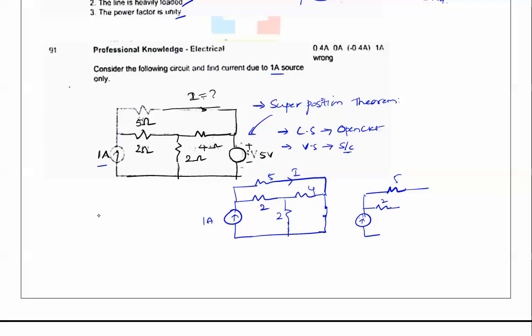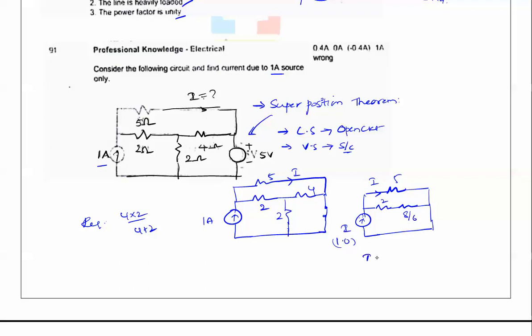These two are in parallel. So R equivalent is equal to 4 into 2 by 4 plus 2, that is 8 by 6. By applying the current division rule, we can find the value of I. The total current is 1, which is divided into these two parts.